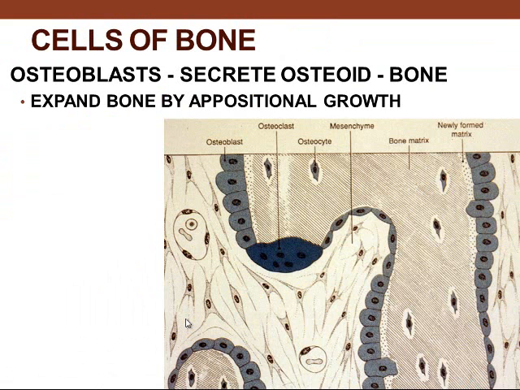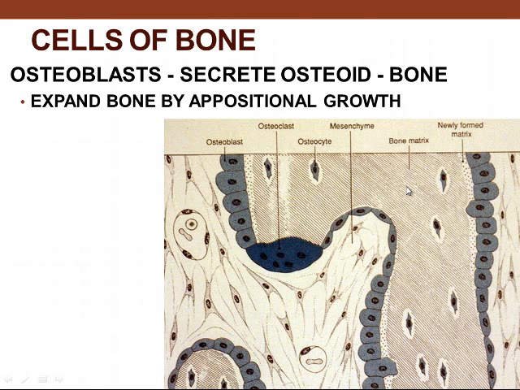So there are different cells in bone. We have the osteoblast, the differentiated cell that lays down the extracellular matrix or osteoid. You have the osteoclast, a multinucleated fibroblast-like, macrophage-like cell that digests bone. And then once the osteoblast gets trapped in its space or lacunae, it becomes an osteocyte.